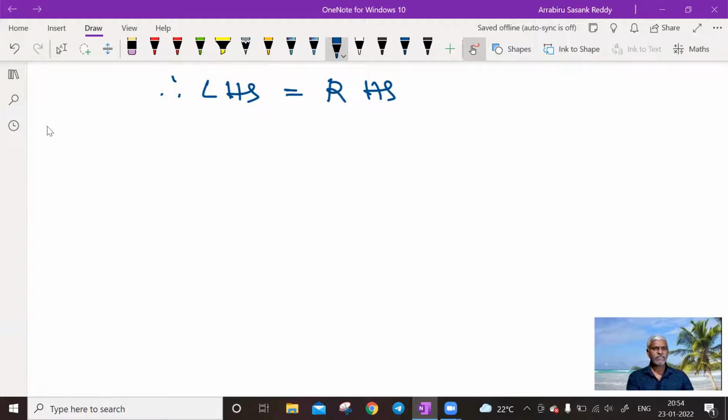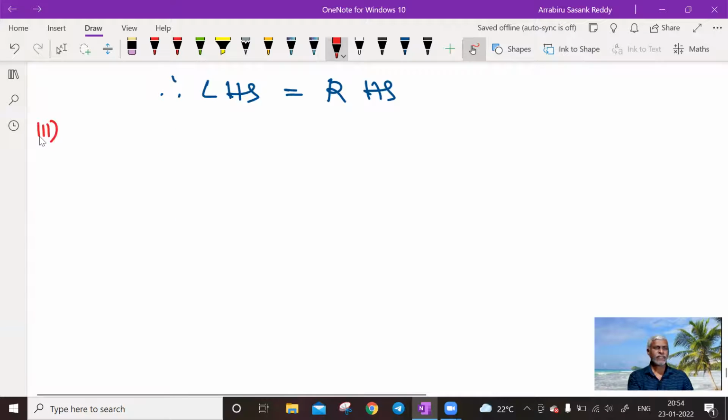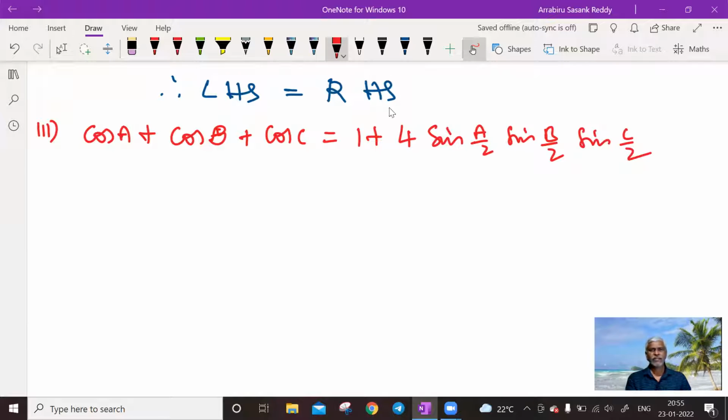Now the third one: cos a plus cos b plus cos c is equal to 1 plus 4 sin a by 2 sin b by 2 sin c by 2.